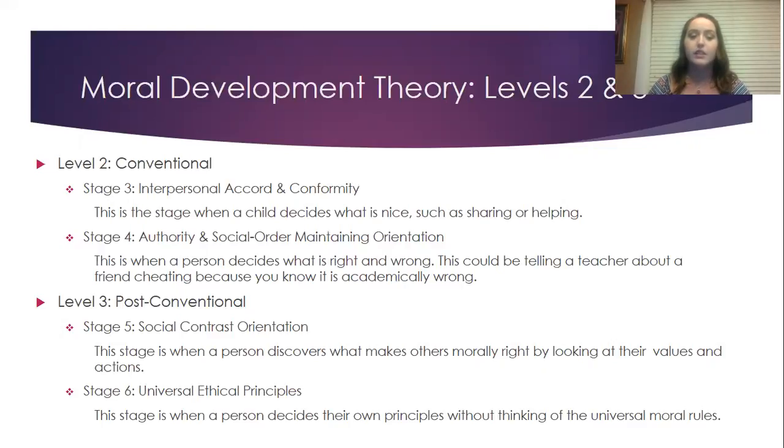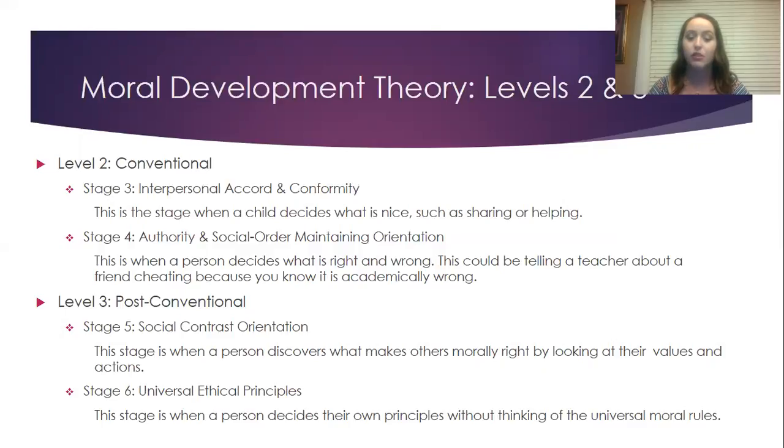Level 3 is the post-conventional level, which has stage 5 and stage 6 within it, which is the last part of the moral development theory. Stage 5 is when a person discovers what makes others morally right by looking at their values and actions.